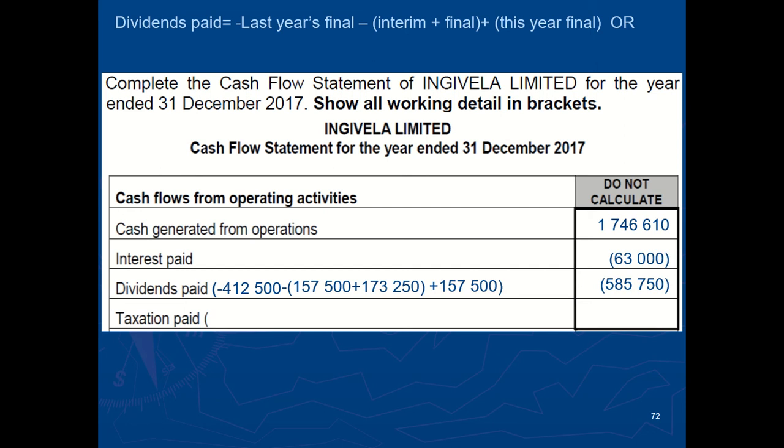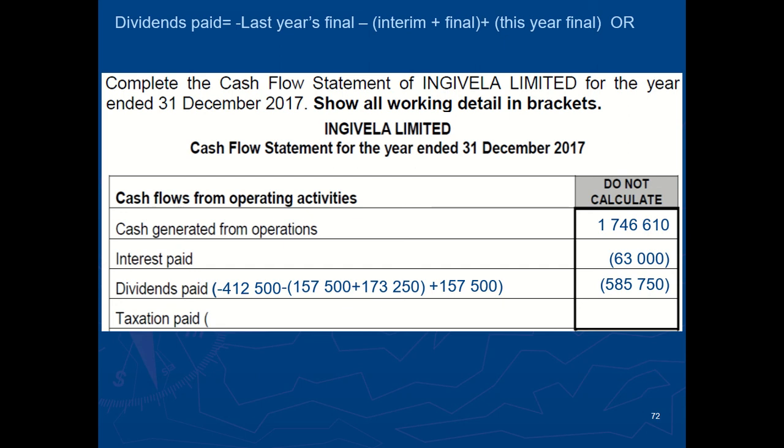Normally you find that information in retained income. But final dividends will always be given to you in trade and other payables as shareholders for dividends. This year's final will be this year's shareholders for dividends balance in trade and other payables, or simply under current liabilities on the face of your statement of financial position. I hope that makes sense.